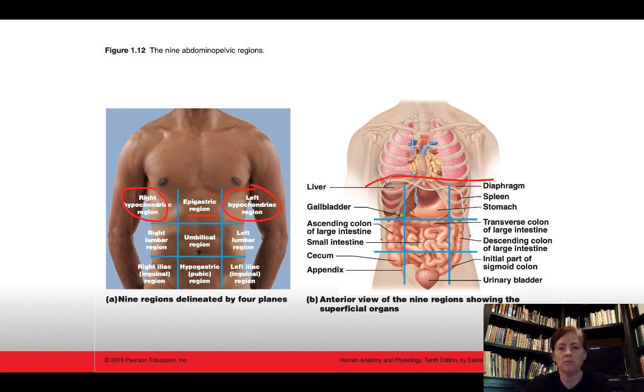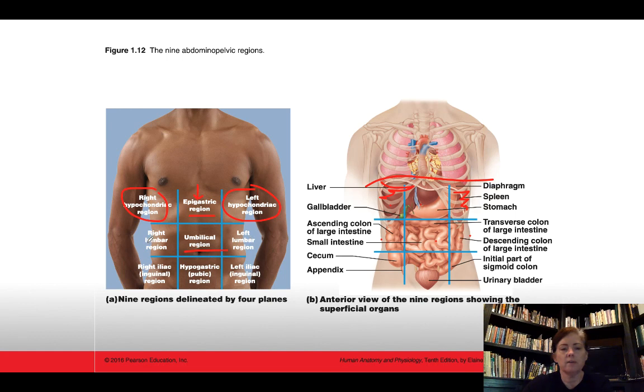Hypochondriac means under the ribs. So you can kind of see those areas are under the ribs on each side. Epigastric means above the stomach or above the umbilical region. Umbilical region, you can think belly button.